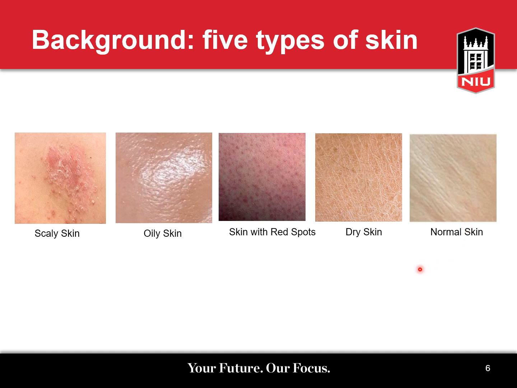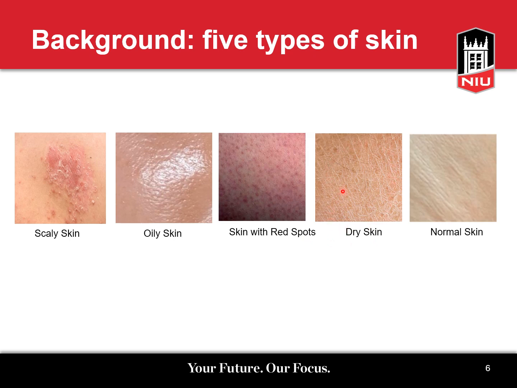Only 5% of human beings are considered to have normal skin, not too oily and not too dry. In some cases, you can find a combination or mixture of skin types in one person. For example, in the T shape it's kind of oily, and in the cheeks it's kind of dry.